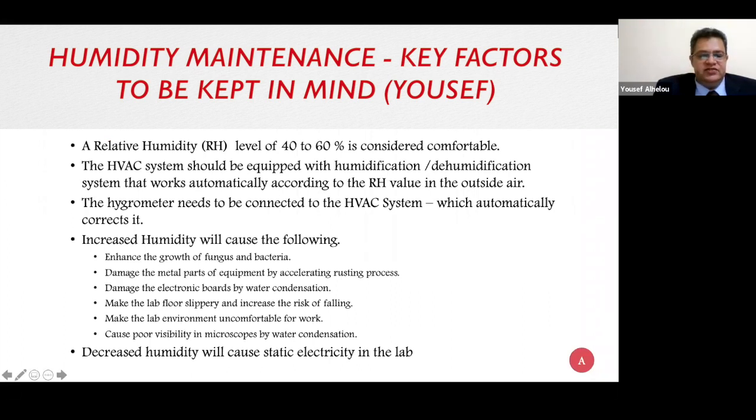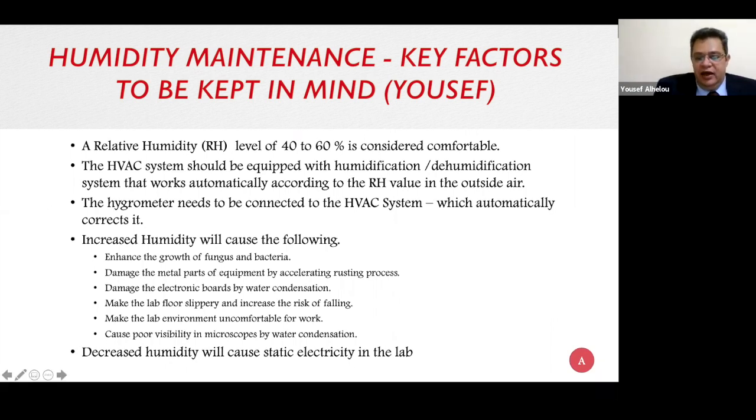Higher humidity has some negative effects on the lab, because it enhances the growth of fungus and bacteria, and it can accelerate the rusting process in metal parts of equipment.